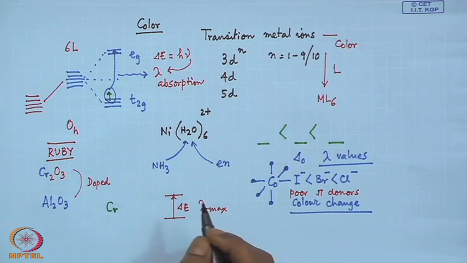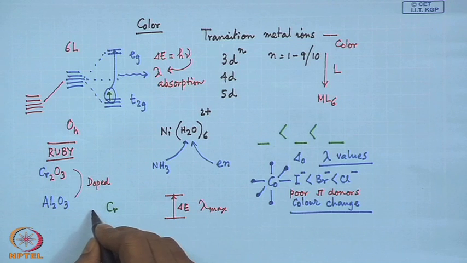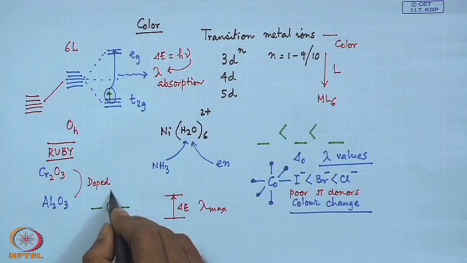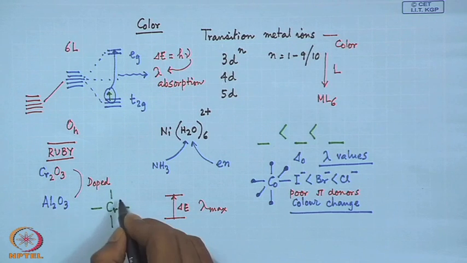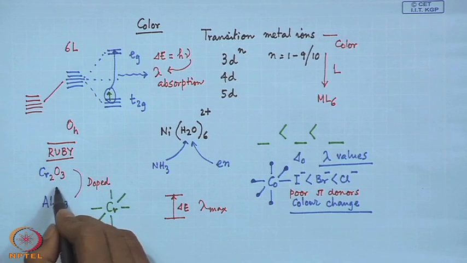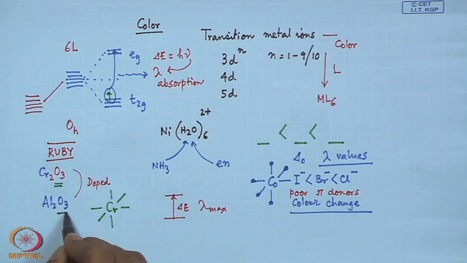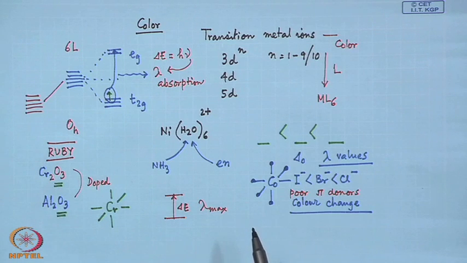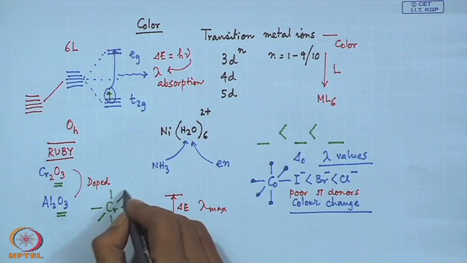Why is this colored? Because we get this chromium crystal field where we have the environment with all these oxygens, because all the ligands around the alumina as well as around chromium are oxygen.